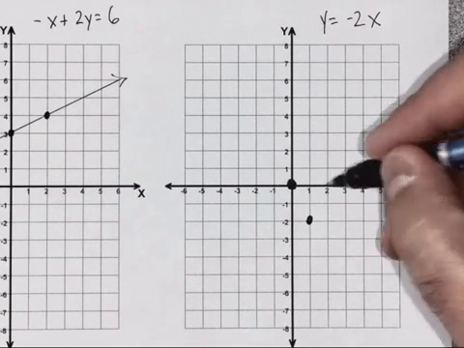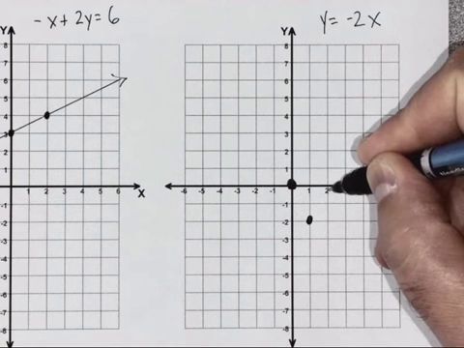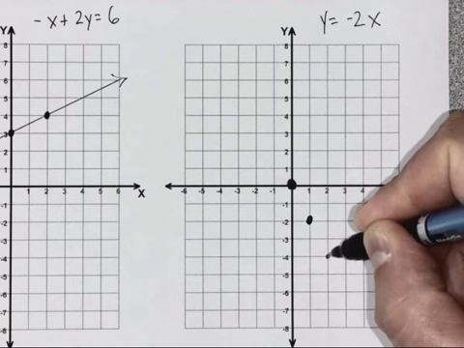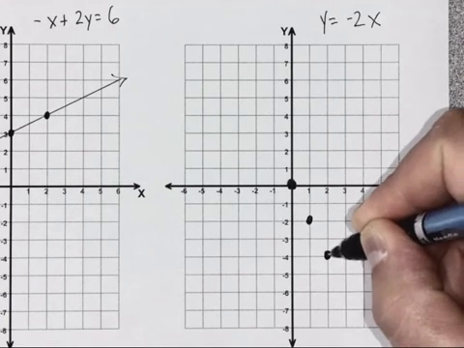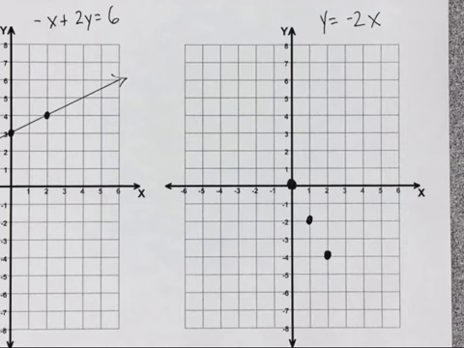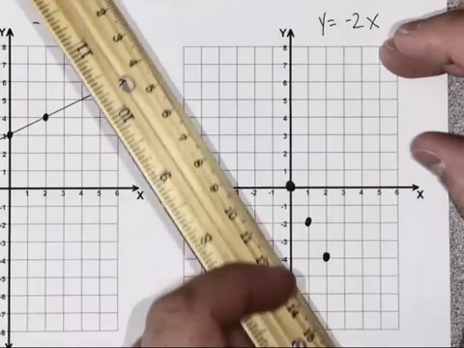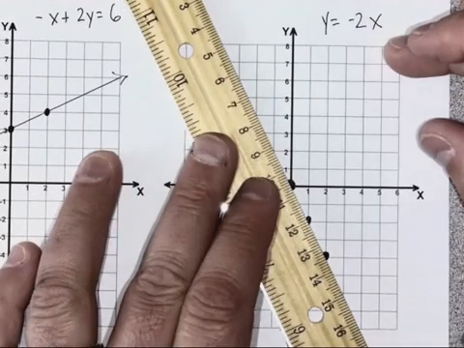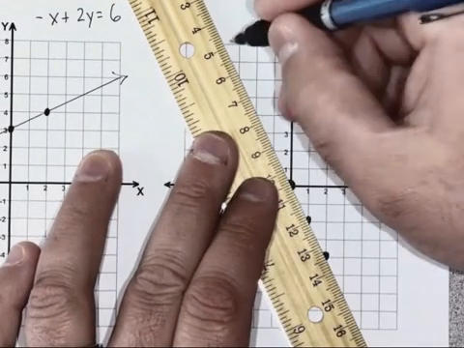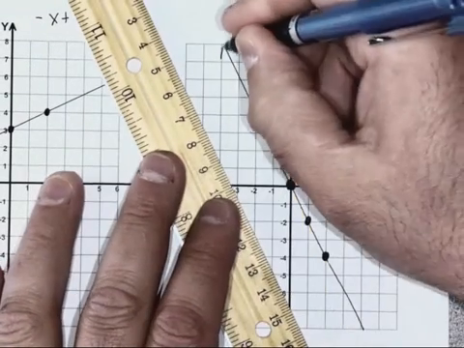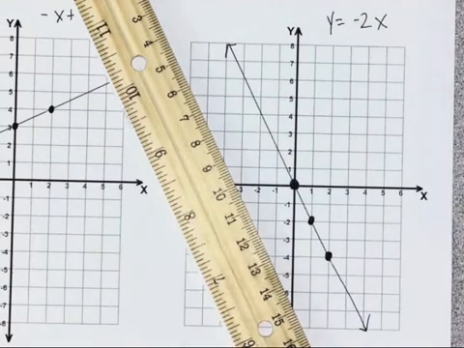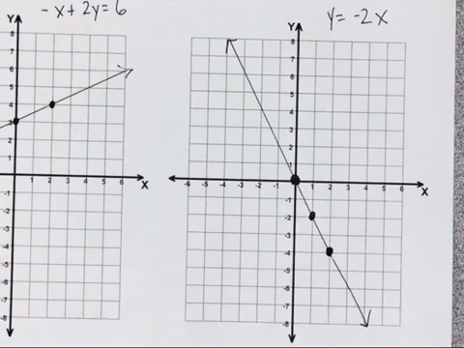So 2, negative 4 is right here. And lo and behold, that does lie on that line. And then we can connect those dots to graph the line.